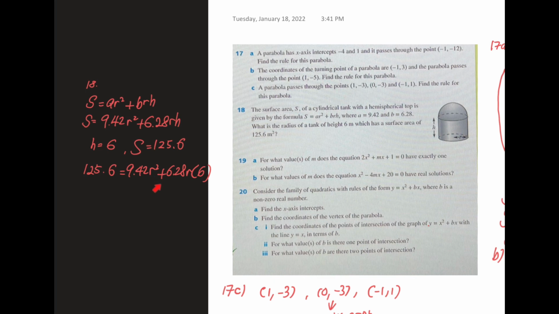H is 6. Okay, then we'll get a quadratic actually. So let's say I just handle this first. 6.28 times 6.